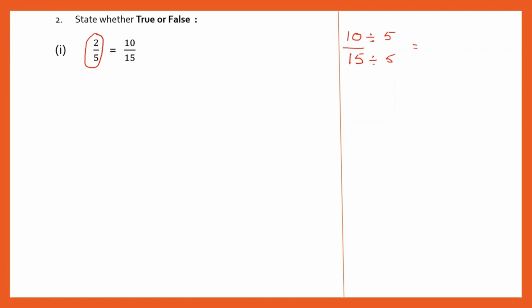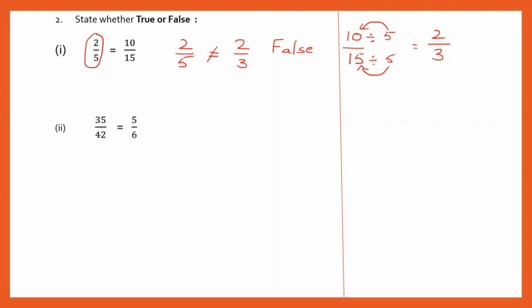Now I get 5 2s are 10 and 5 3s are 15. So I've got 2 by 3. So here the fractions are 2 by 5 and 2 by 3 and the statement says they are equal. So is this true? It's not true because they are not equal. So the first statement is false.